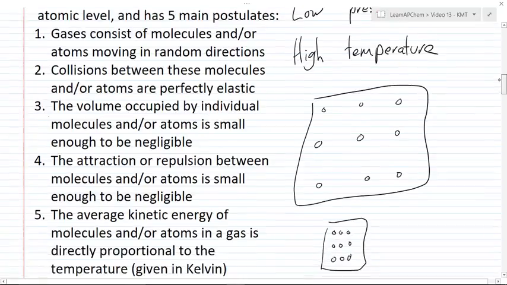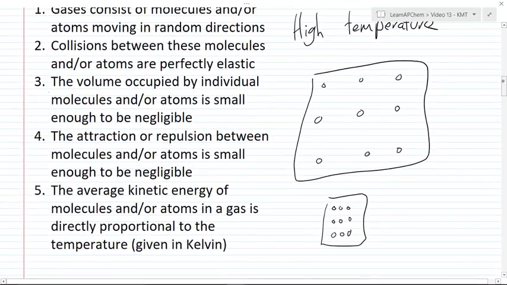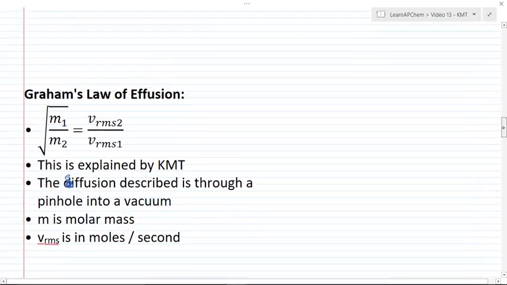That being said, what we're really concerned about is our volume here. And at higher temperatures, gases occupy a higher volume. If that answered your question, otherwise you can let me know, or you can just ask me your question about Graham's law.